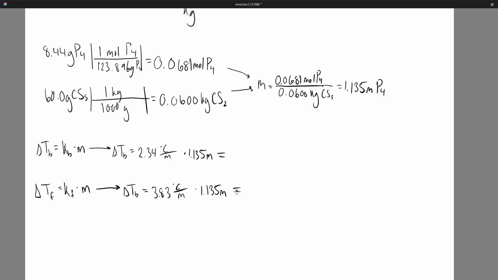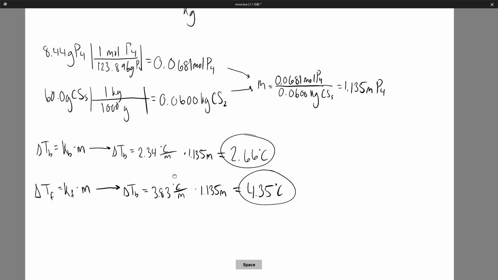Okay, so let's solve for this. For change in boiling point, I got 2.66 degrees Celsius. And for the change in freezing point, I got 4.35 degrees Celsius. Okay. So with these, we're going to use the freezing and boiling point given to us to add this to the boiling point and subtract this from the freezing point.